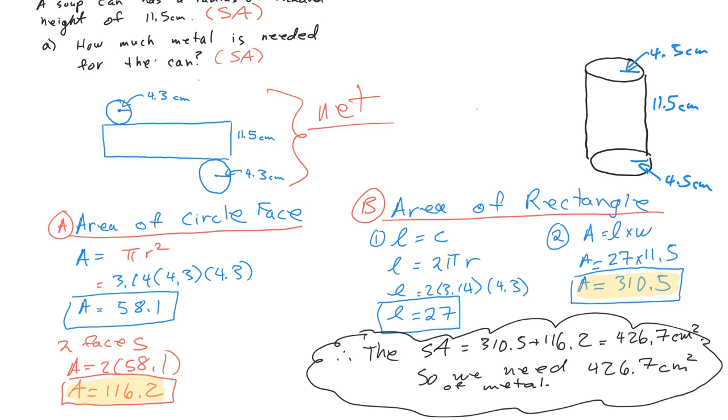Now, a lot of you would love to be able to use an equation that calculates the surface area of any cylinder very quickly. This is the equation, and you can do it in one step.